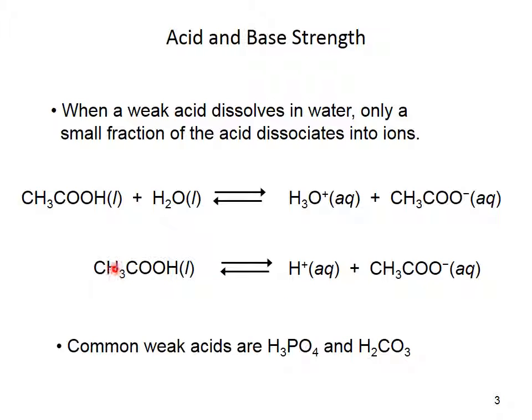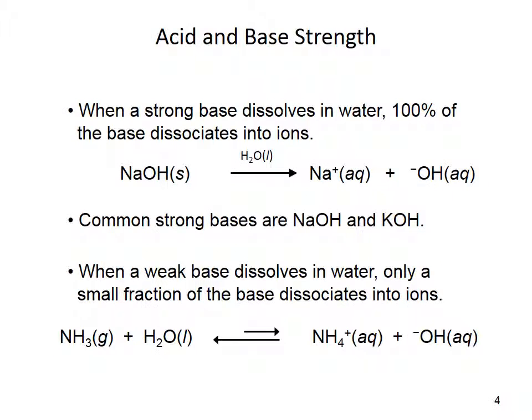Common weak acids are acetic acid, phosphoric acid, carbonic acid, and there are many, many others, but those are three that we will see. And again, I will not ask you if this is a weak acid or a strong acid. I just am letting you know that there are some.